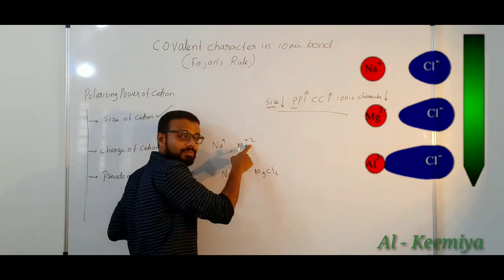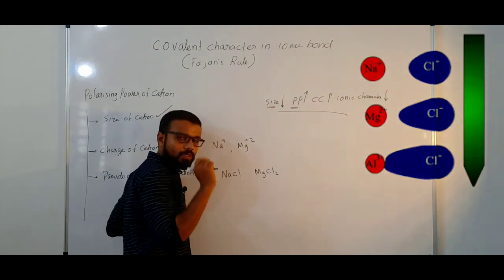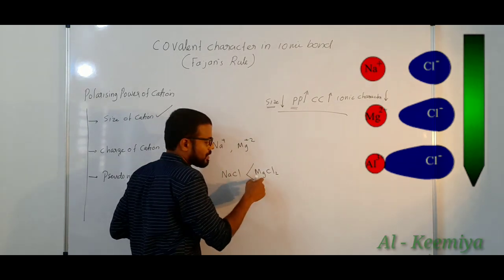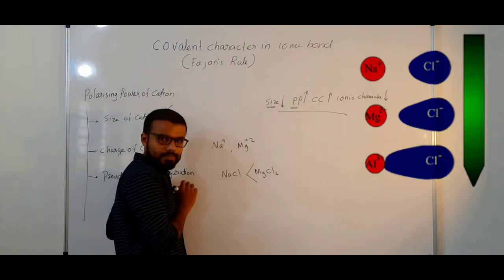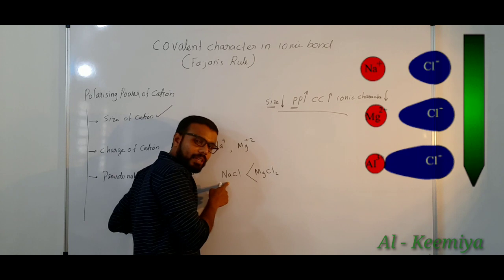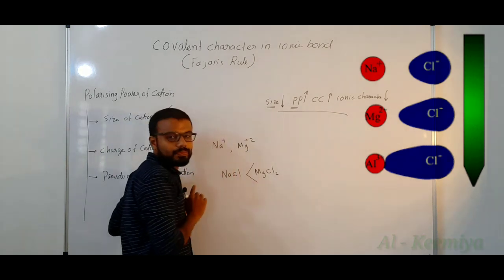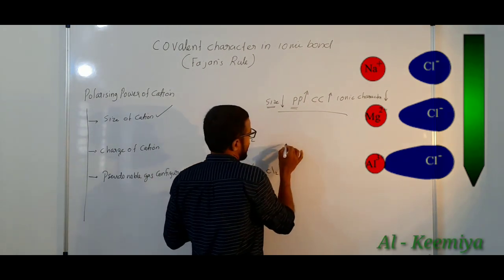Higher the charge, higher will be the polarizing power, then higher will be the covalent character. So in this case, MgCl2 will be more covalent than NaCl. NaCl will be more ionic than MgCl2.